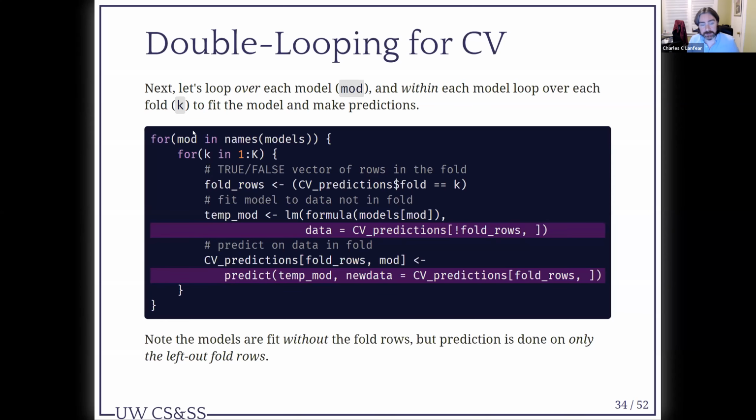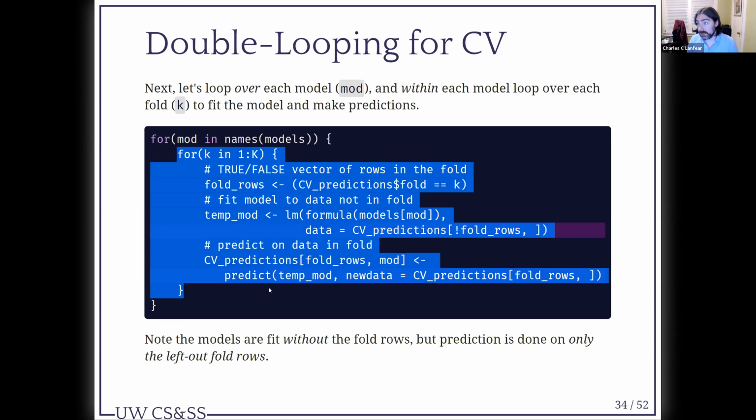So what this says is for mod in names models. This is the same thing we iterated over to fit the models. Mod is going to get replaced with intercept only, and then linear, then quadratic, then cubic. But notice for each one of these models, while that model is set to intercept only or whatever, we're going to run all this stuff a bunch of times.